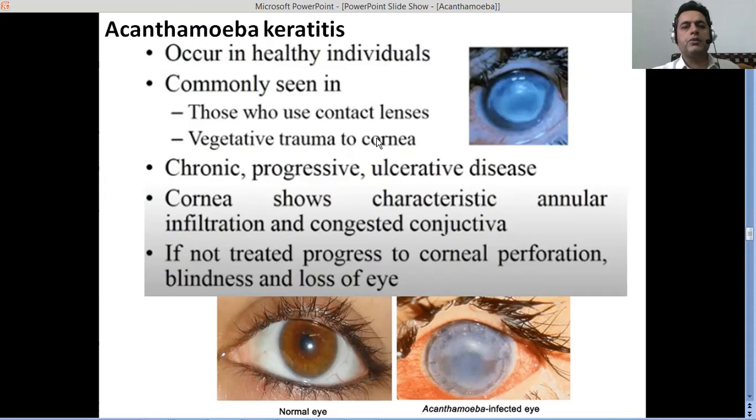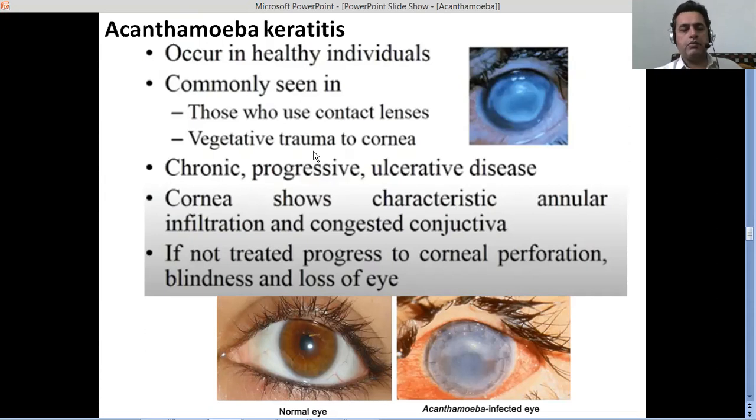It's present almost everywhere. So it means that somebody can get infected very easily if you receive some kind of trauma to the cornea of your eye, or if you are using contact lenses for longer periods of time.